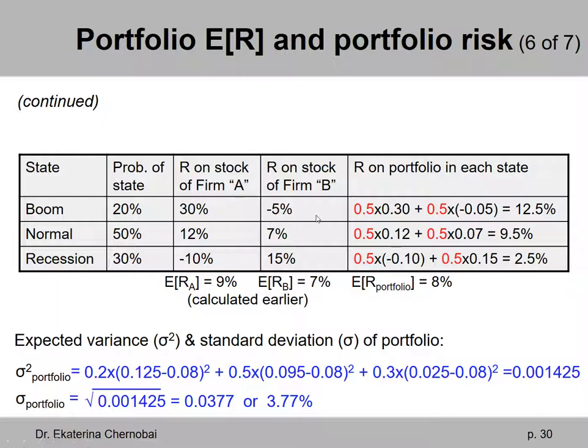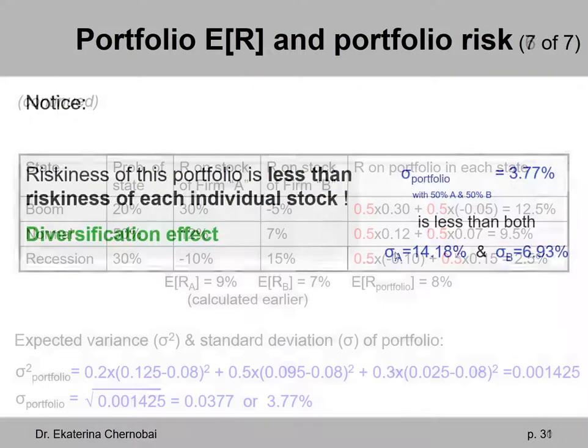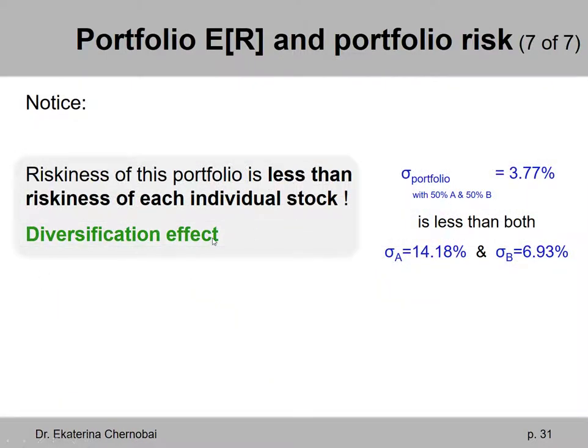They're offsetting each other's losses with the gains. And this is why we're never going to have this wide range of returns that we see for stock A or for stock B. The portfolio returns are going to be much closer together, resulting in no possible loss ever. That's the diversification effect.